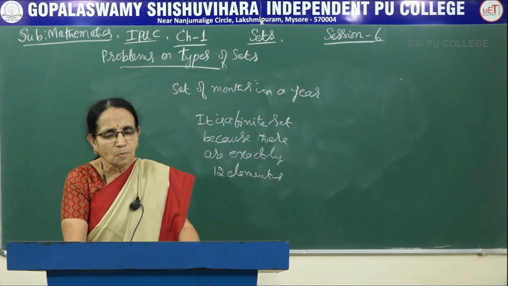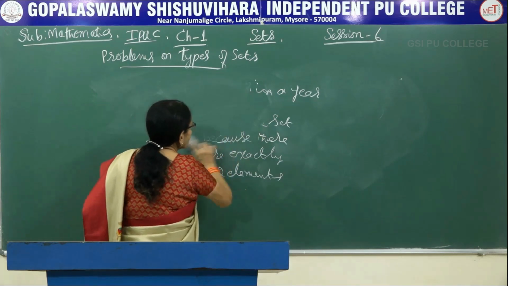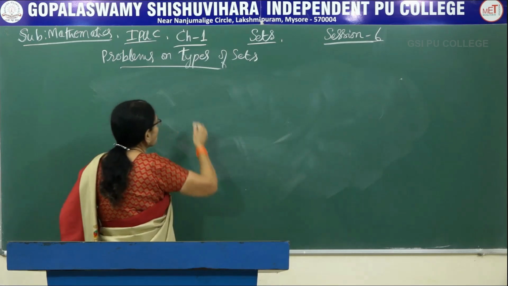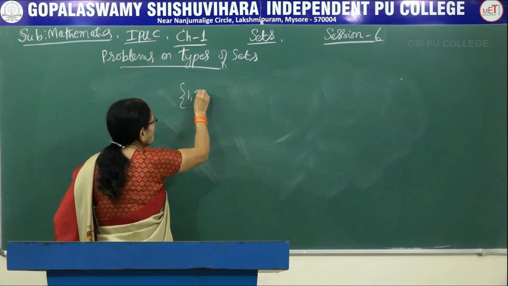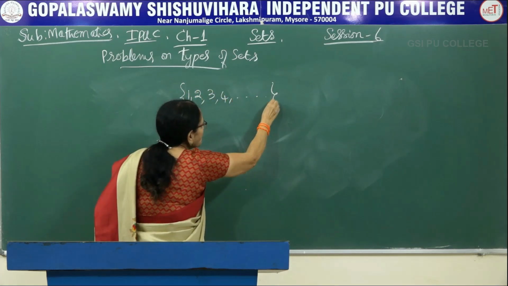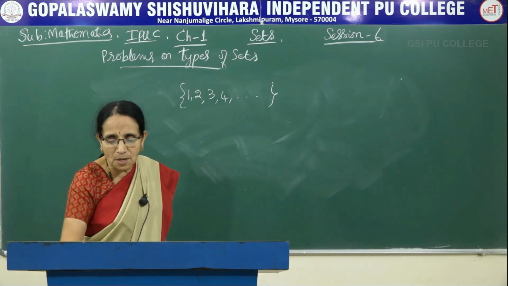Now let me move on to the next example. Sometimes the elements would be given directly, that is in the roster form. Take this one: 1, 2, 3, 4, and dashes are put like this. Can you say exactly how many elements are present here?